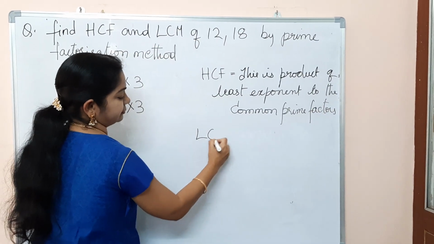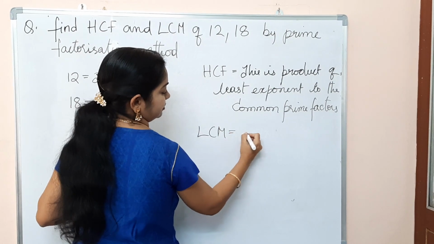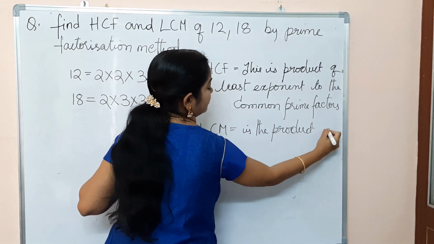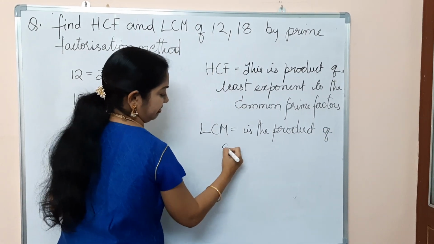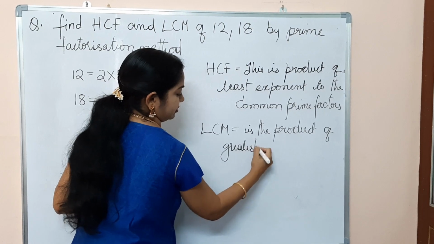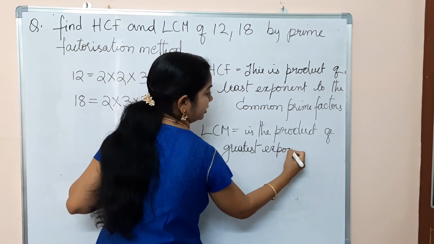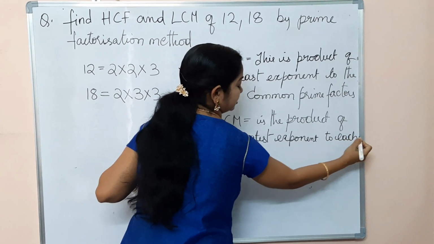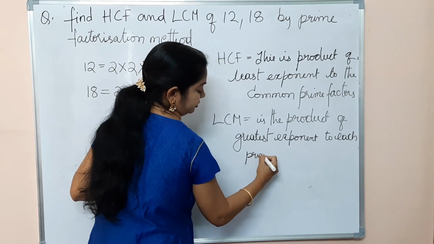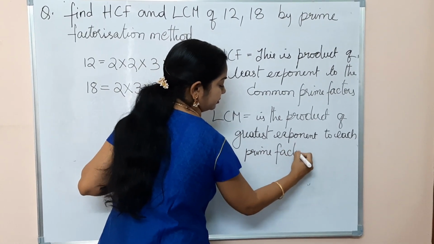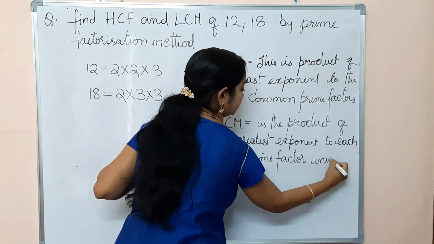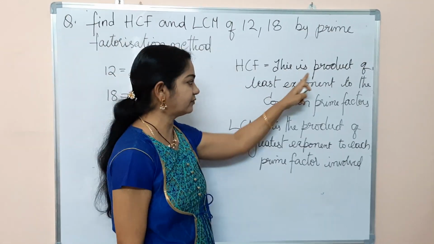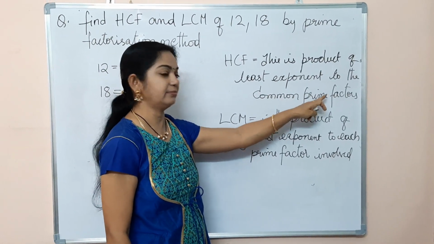Whereas the LCM is the product of the greatest exponent, or the biggest exponent, of each prime factor involved. So let me explain. HCF is the product of the least exponent of the common prime factors.